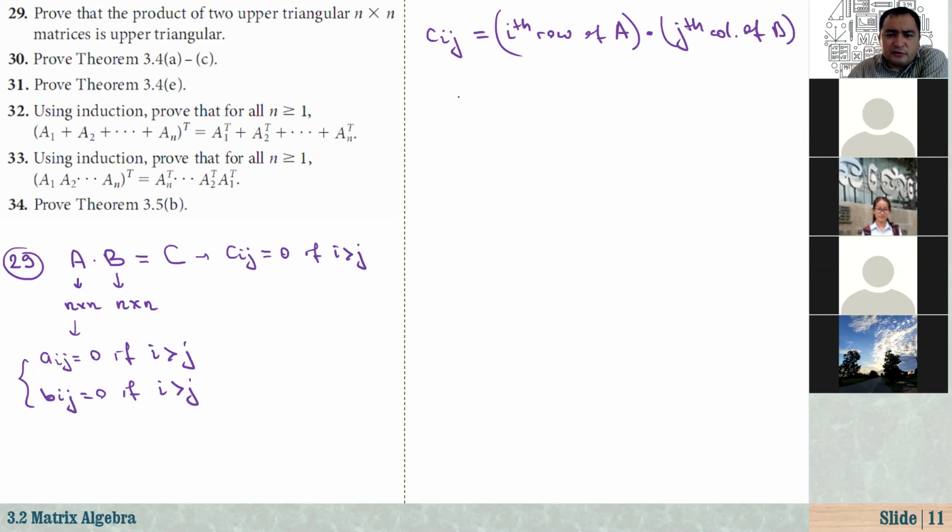This is how we multiply. If you're talking about, let's say, 2 by 2 matrices, and for example, if we have C11, C12, C21, C22, how do I get C21?